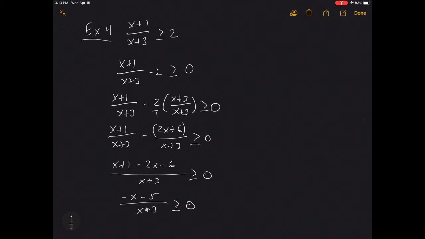So in this case, we actually do still have 2 boundary points. What you have to do is check what makes the numerator 0. You also have to check what makes the denominator 0. Here is a very important thing though.